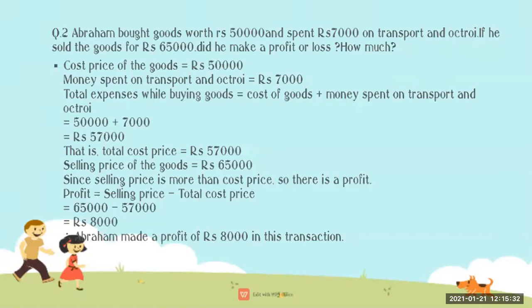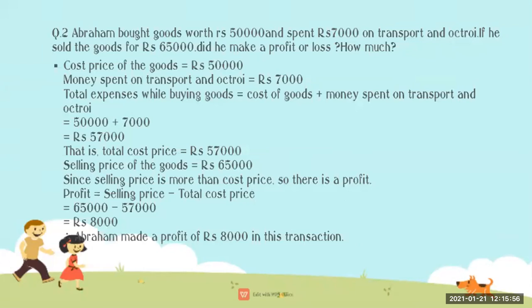Now here Abraham bought some goods worth rupees 50,000 and spent on transportation and octroi rupees 7,000. Afterward, he sold all the goods for rupees 65,000. So we have to find out the profit or loss in this transaction.